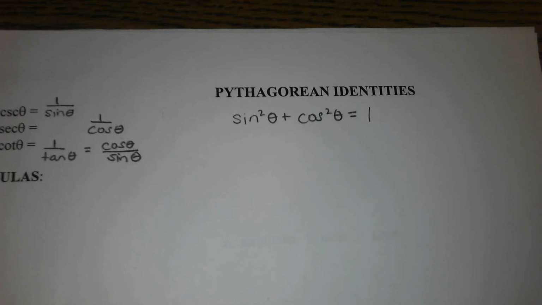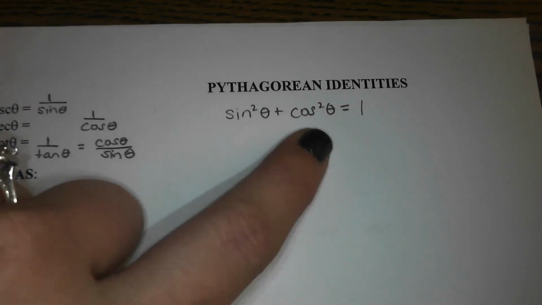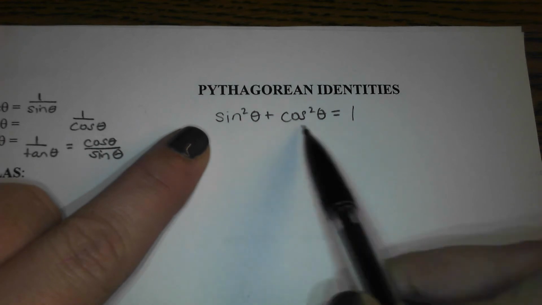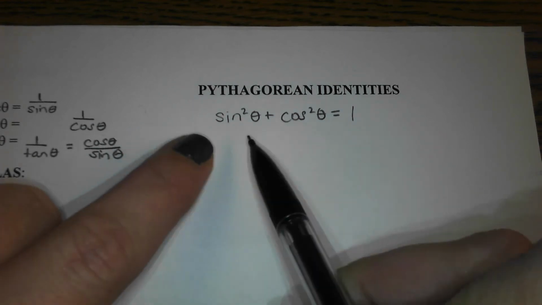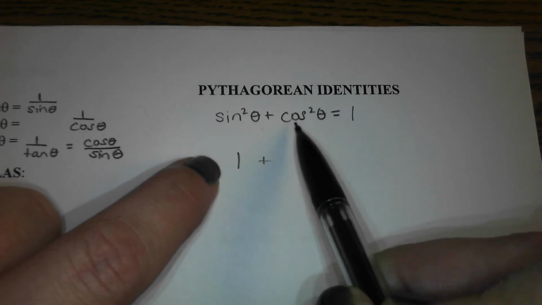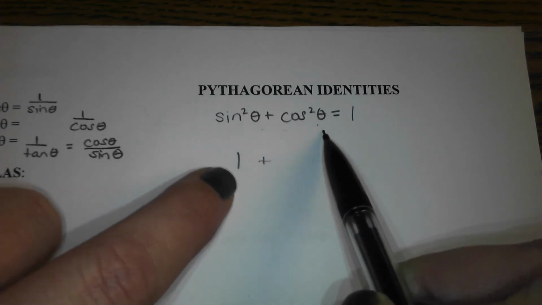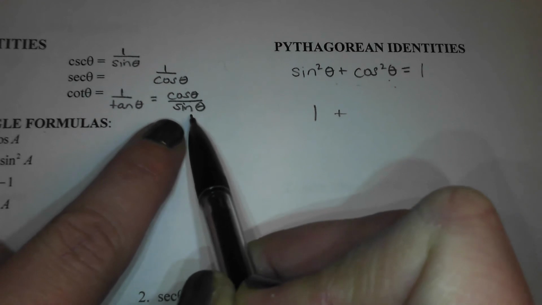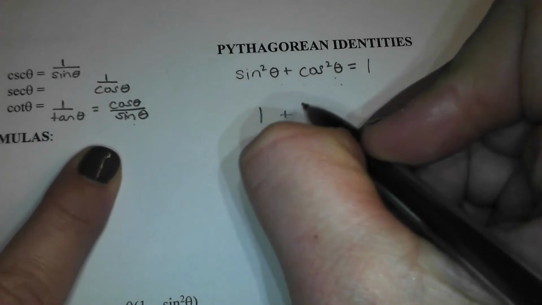There are 2 others, and I don't ever remember offhand the 2 others, but I know how to get them. If you divide everything by sine squared, you'll get another one. So what is this divided by sine squared? 1. What's cosine squared divided by sine squared? Cosine divided by sine, but you're on the right track.